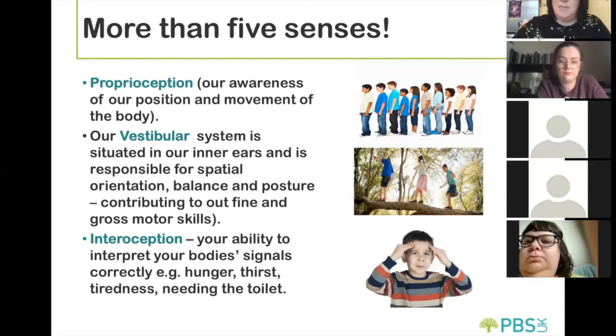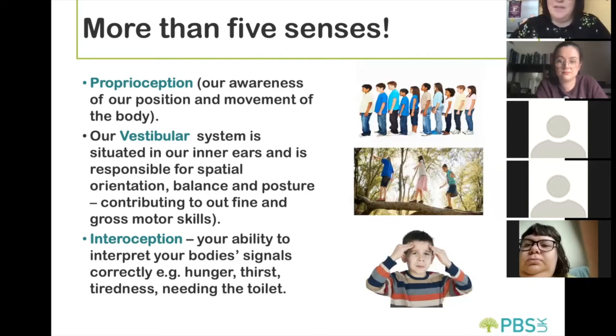So our body will signal when we're hungry, when we're thirsty, when we need the loo, when we're tired, when we're too hot or too cold, all of those kinds of things. And there's evidence that people, particularly people with autism, might experience those differently, might not have the same sense that they're full, or that they're hungry, or that they're too hot or too cold.